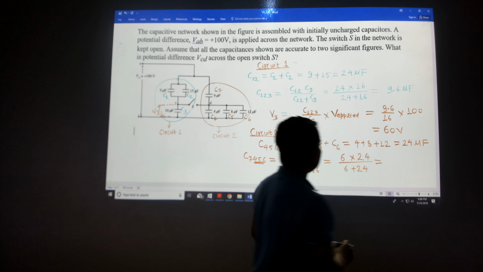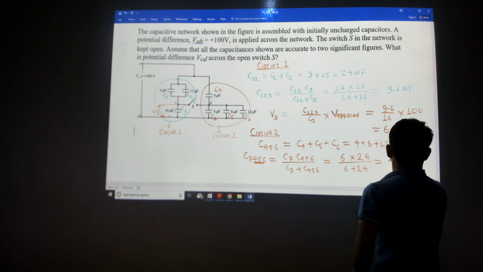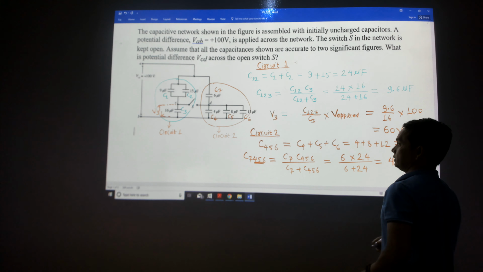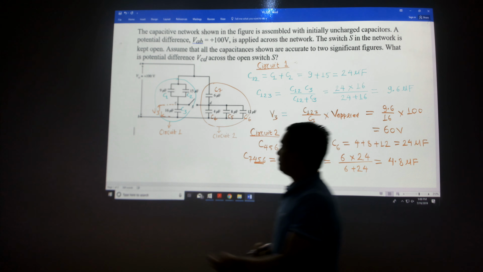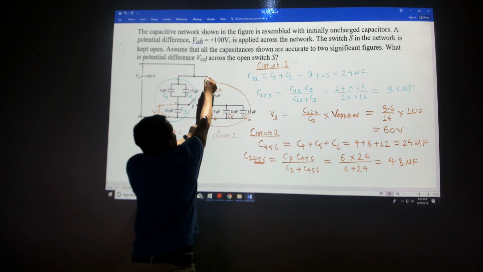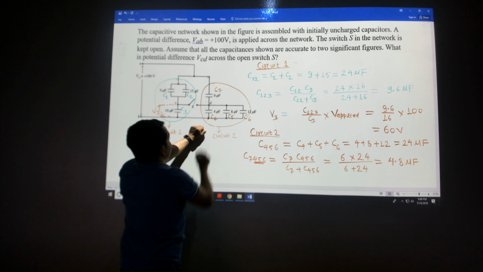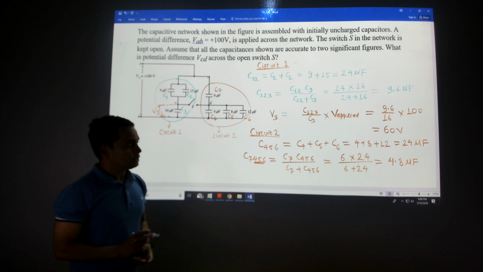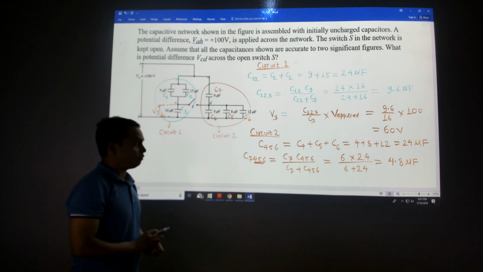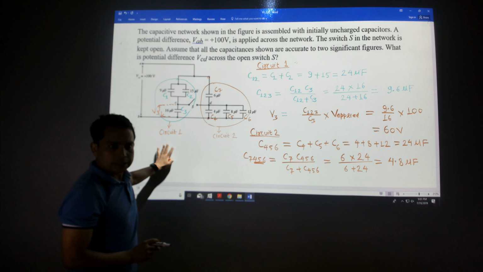You will get 4.8 microfarad. So between these two points, the effective capacitance is 4.8 microfarad.